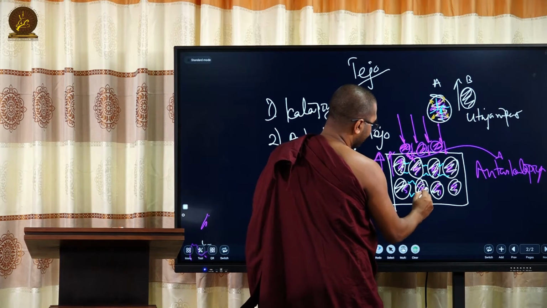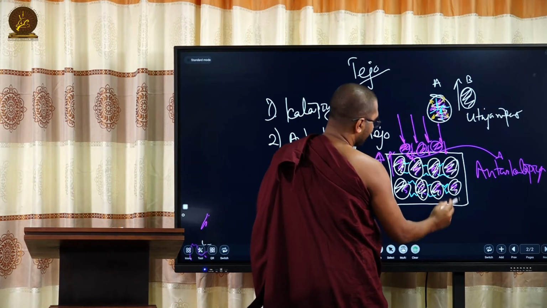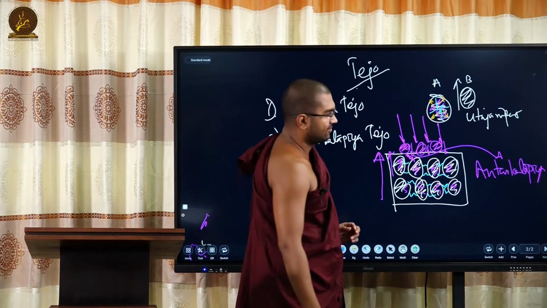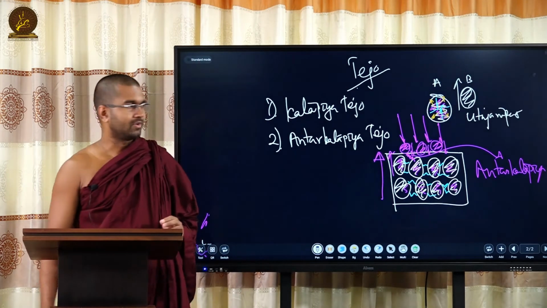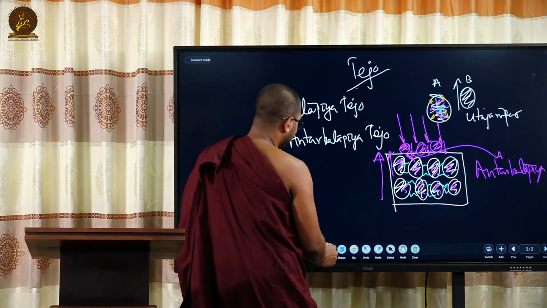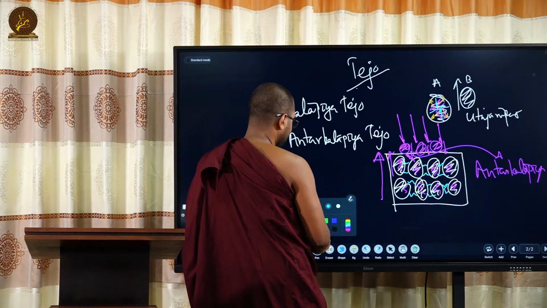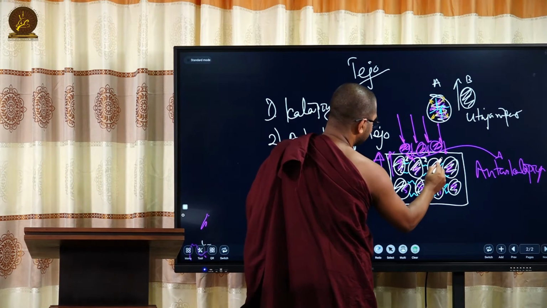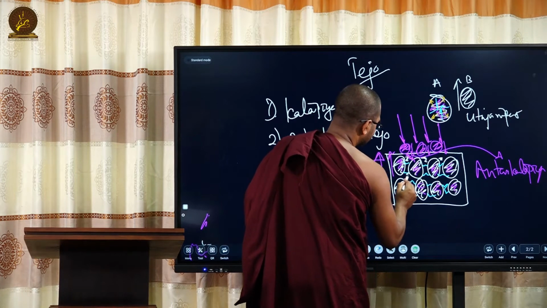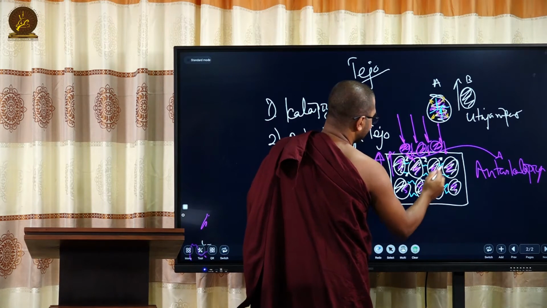That is why they cannot be separated very easily. So this tejo affects this apo. If tejo affects apo, what happens? The antarakalapiya pathavi, the hardness which was found between these kalapas, the space, reduces.